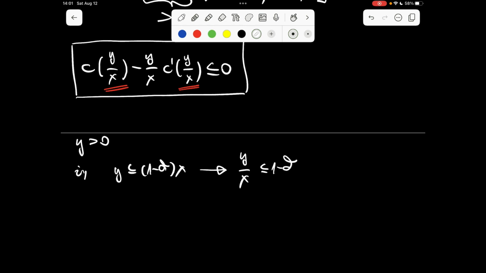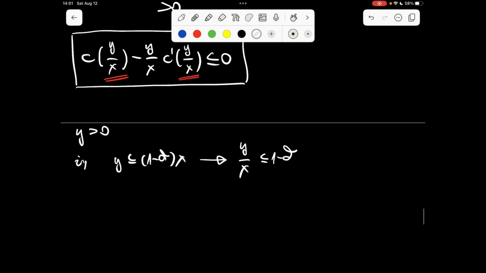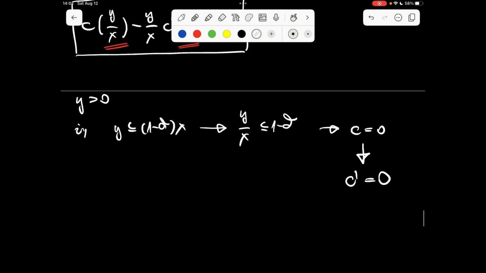If x is such that these relations hold, then the function is zero, and most importantly, its first derivative is also zero because the function is flat, entirely flat.